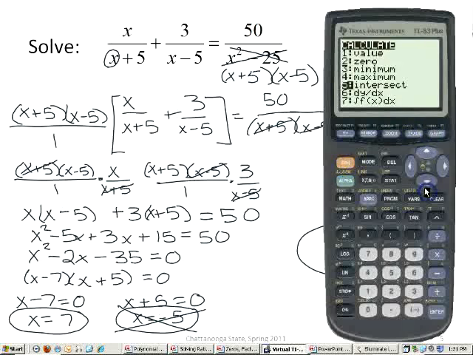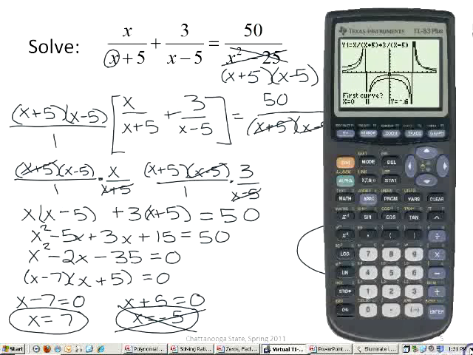I also can solve it using the intersect under the trace menu. I just have to move my cursor over to that intersection. Okay. There it is. Enter, enter, enter. There's that same x equals 7.